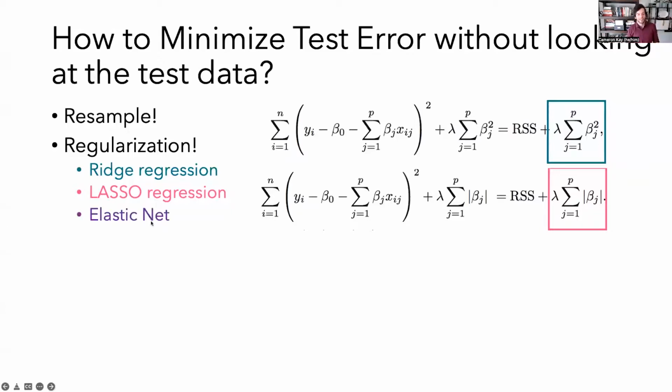The model that combines both of these benefits and potentially weaknesses is called the elastic net model. And we can see that we have a residual sum of squares and we're adding the ridge regression penalty, but we also add the LASSO regression penalty. And we can also see that these lambdas are different. We don't have to have the same lambda.